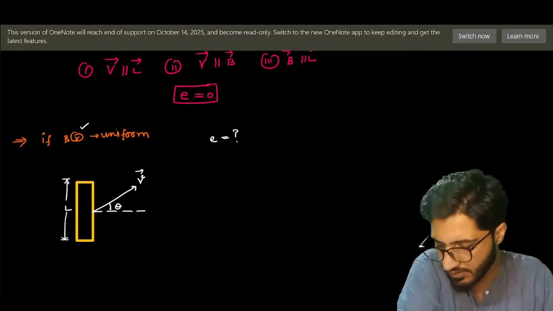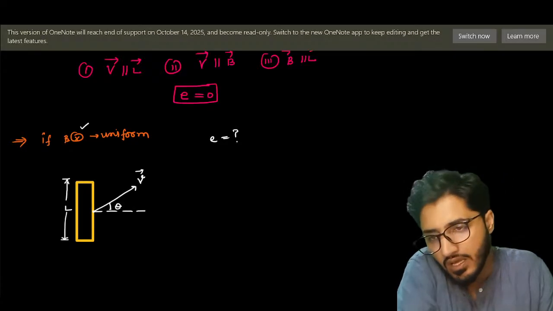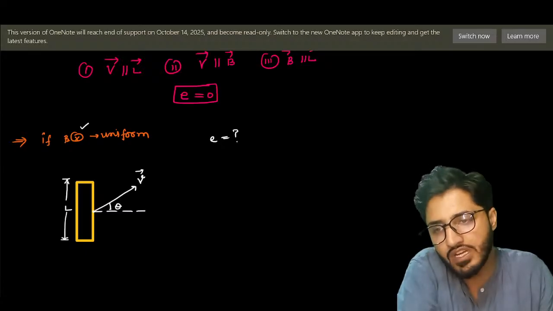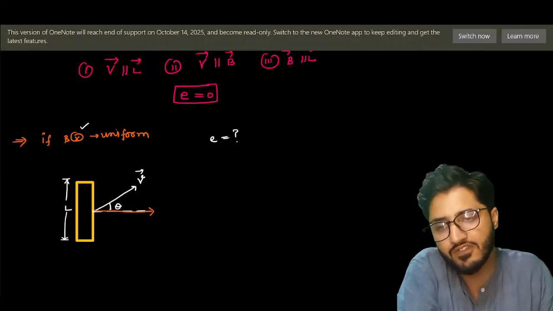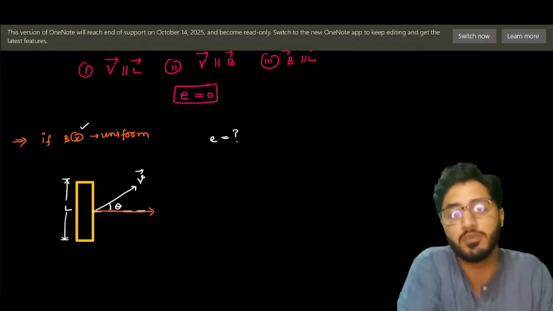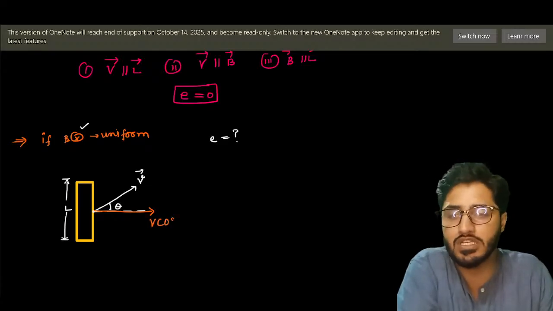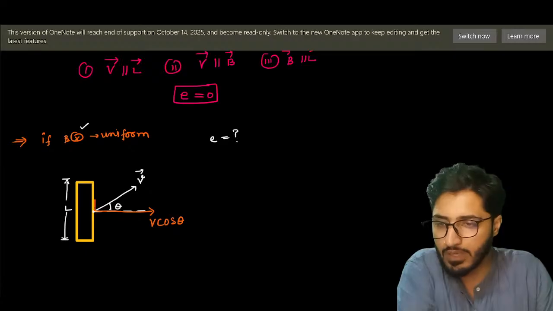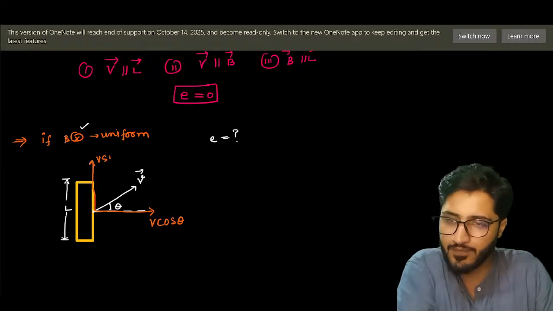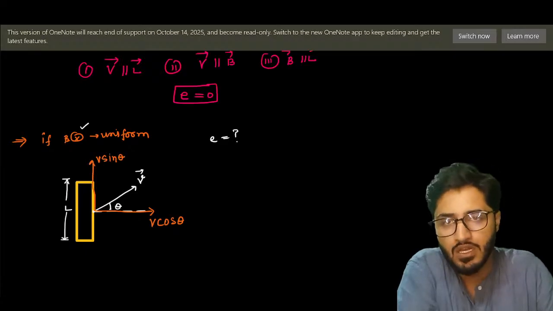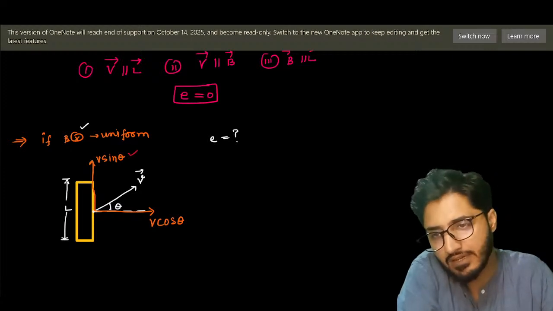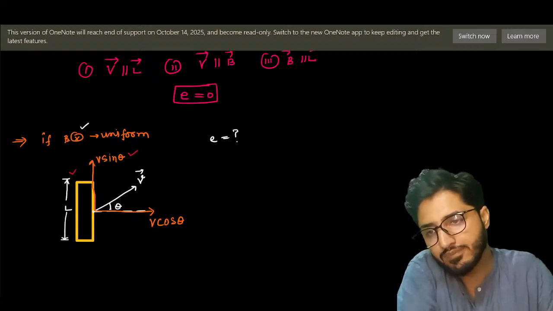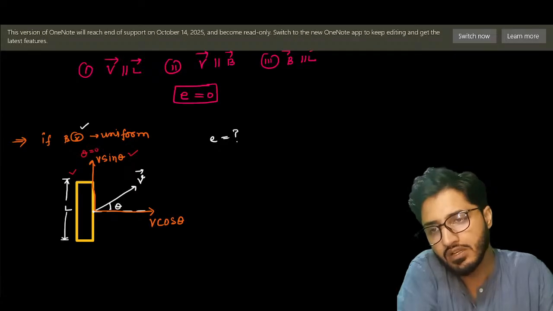Sir, very simple and easy. How? If V is at any angle, we need to split V into component form. This would be V cos theta, and one more component will be V sin theta. V sin theta with L have angle 0 degree, so we cannot take this.